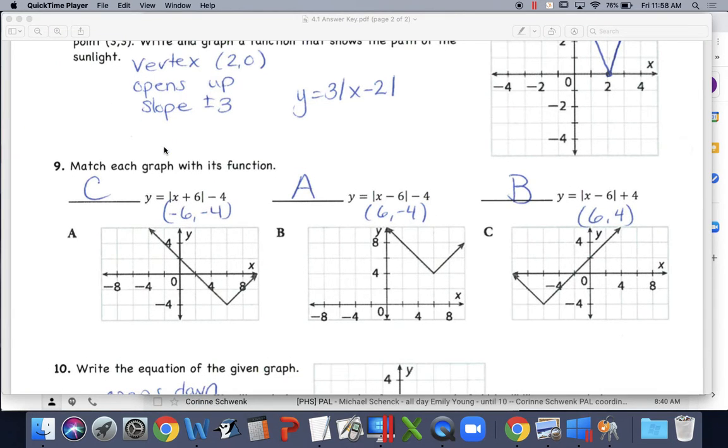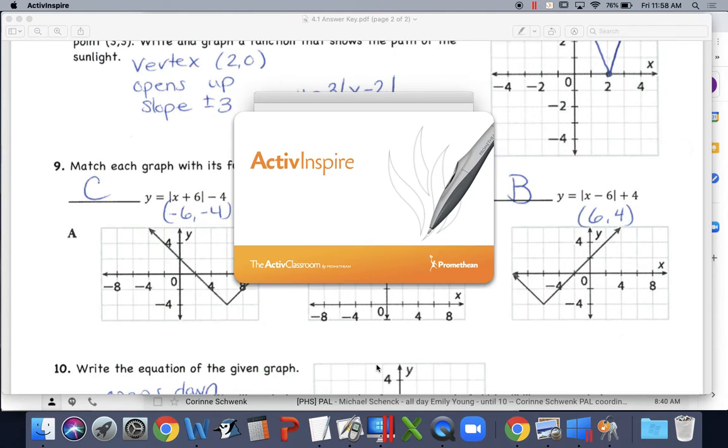Oh no, my flip chart's just died. Let's see if we can get it back up. Hopefully I won't have to restart.